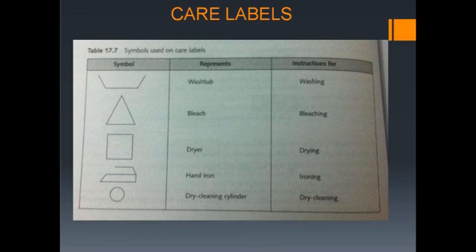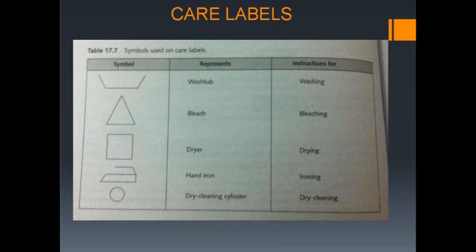You can see on the screen there are various symbols used for the care labels. The first symbol represents the wash tub and it instructs us for the washing procedure. Then the third, a triangle shaped symbol, represents bleach and instructs us for the bleaching process.